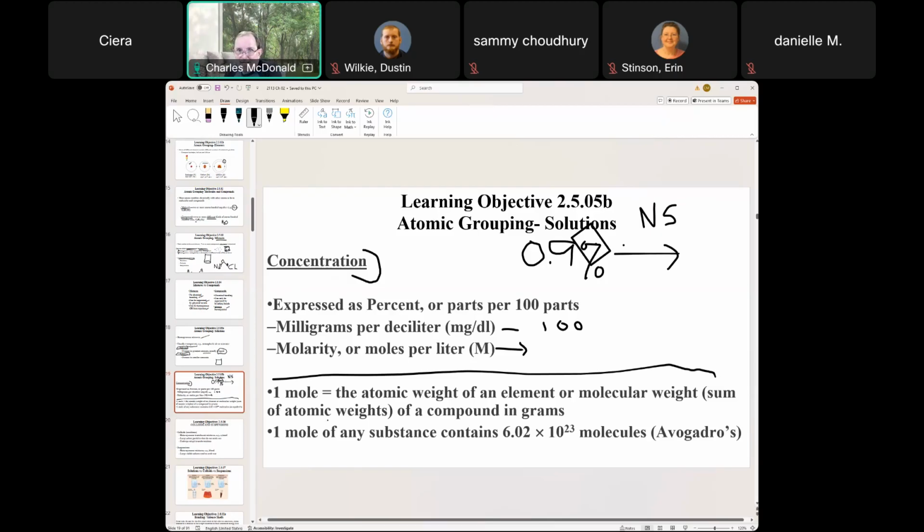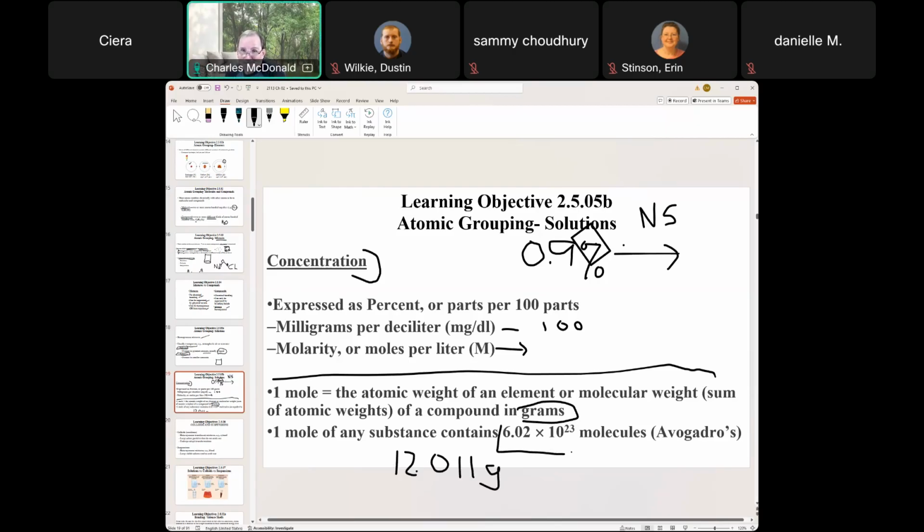About this atomic weight: we said the atomic weight of carbon was 12.011, and that's just an abbreviated form. But here's the thing. If you were to get 1 mole of carbon, it would weigh 12.011 grams. What's a mole?